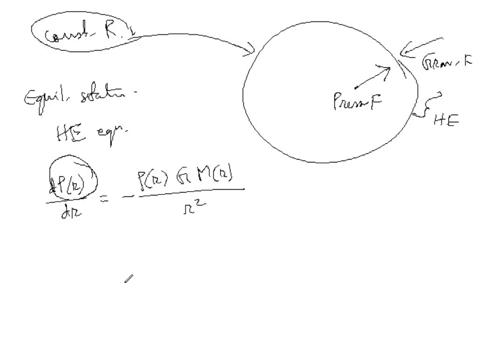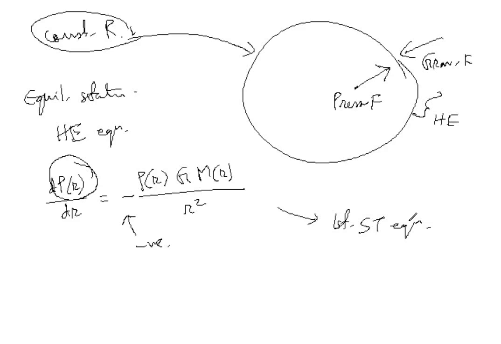Okay, so a very important point is this negative sign, which means that dP/dr is negative. That means the pressure actually increases as r decreases, as we go towards the center. Now this is in fact one of the first equations of stellar structure, the first stellar structure equation.